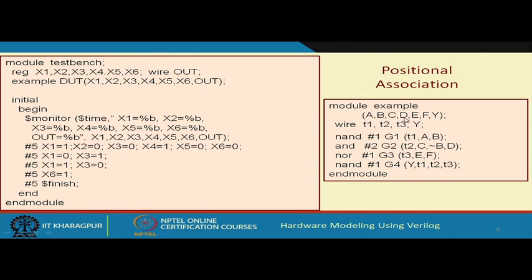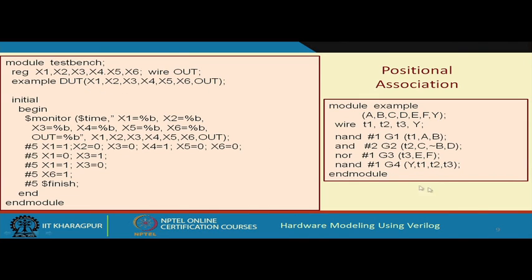There are a total of 7 parameters, we are giving x1, x2, x3, x4, x5, x6, out, and we are specifying them in the same order. The first 6 are inputs x1 to x6 that we are applying, and the last one is the output, that is out, which we will be observing and printing with monitor.